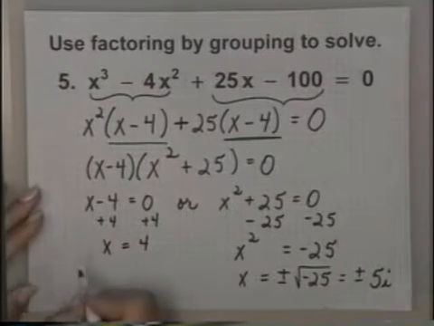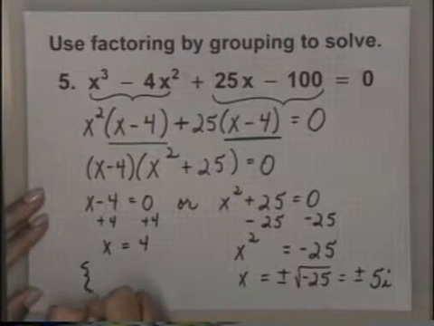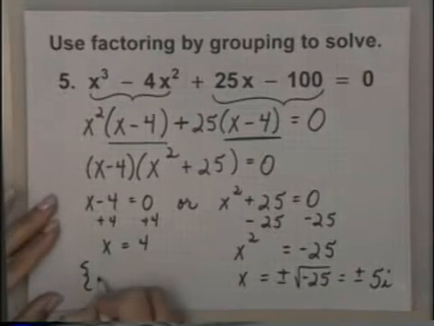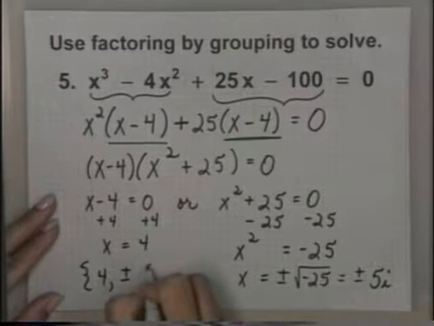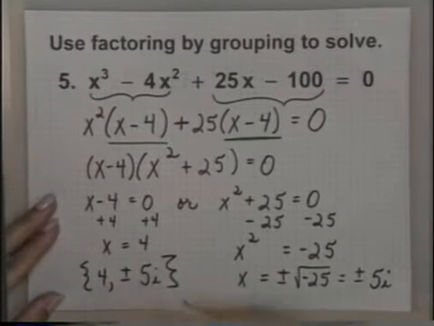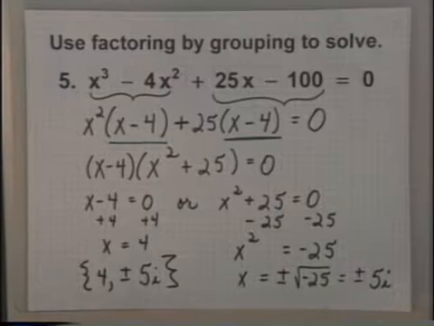Let's write our solutions in set notation. We have 4 and then we have plus or minus 5i. So our three solutions for this equation would be 4, 5i, and minus 5i. I will leave the check of these solutions to you.